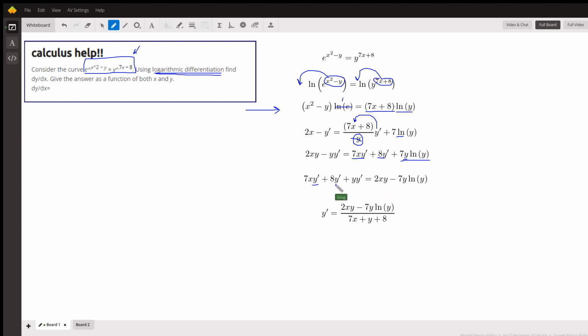Finally, factor out a y prime from each of these terms. You do get y prime times, well, this is what you get right here. And so if you divide the right side by 7x plus y plus 8, you will have a formula for slopes of tangent lines to the graph of this function.